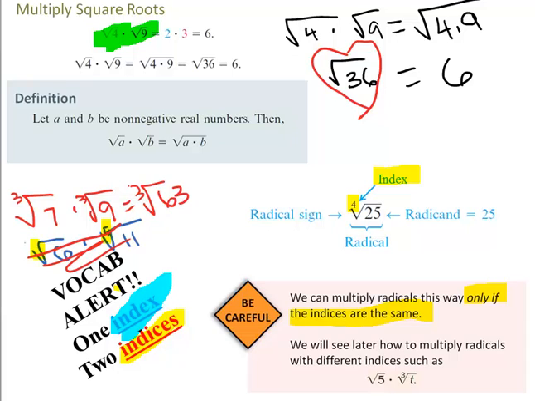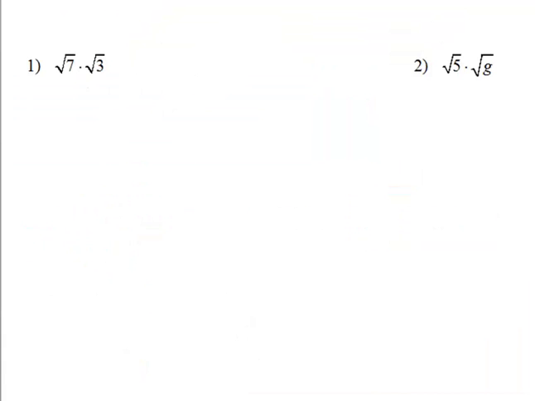So that's sort of an overview. Let's take a look at a couple of problems. This is pretty fast and simple. Here, they're the same index. I'm taking the square root of both of those numbers. So I can do this, 7 times 3, and that will be the square root of 21.